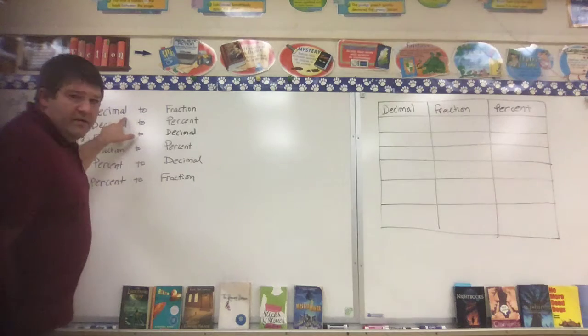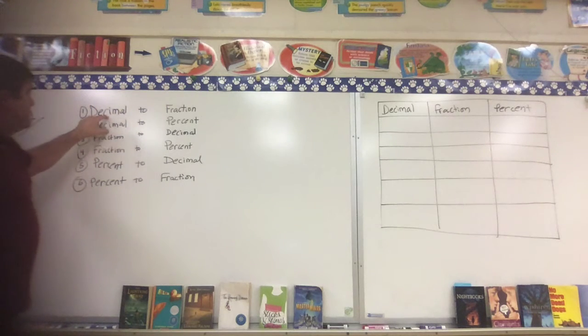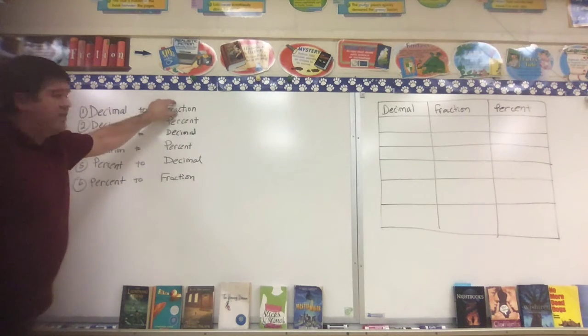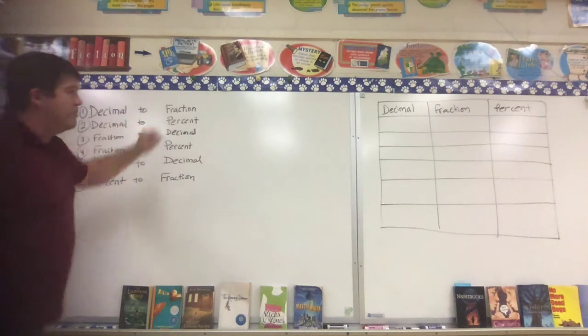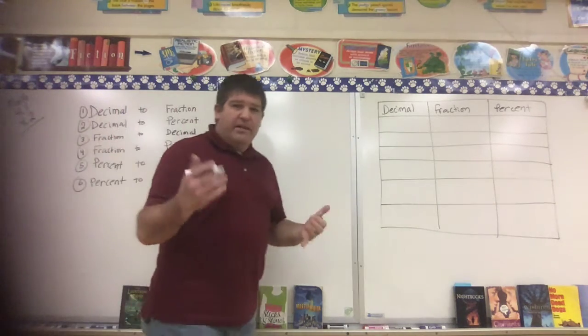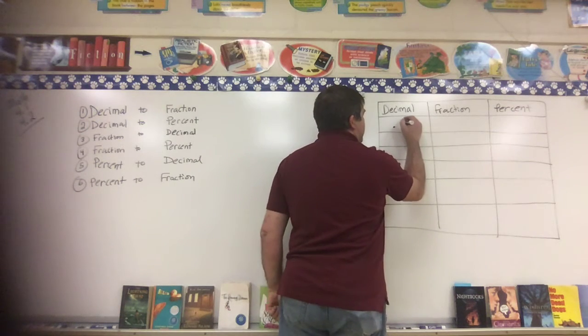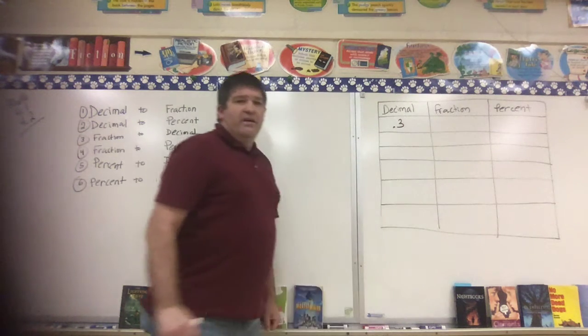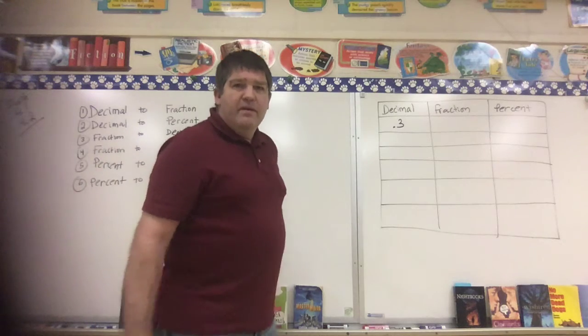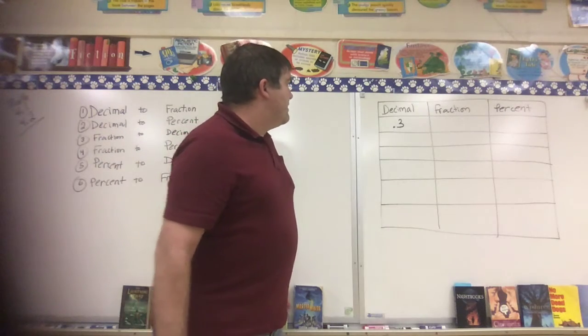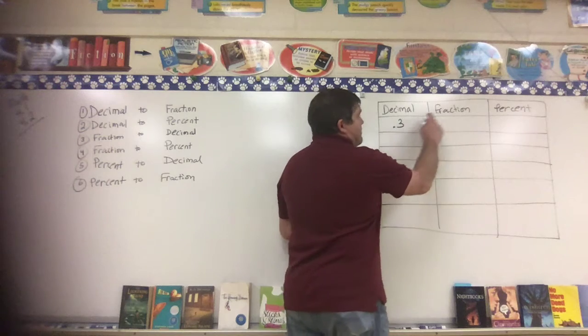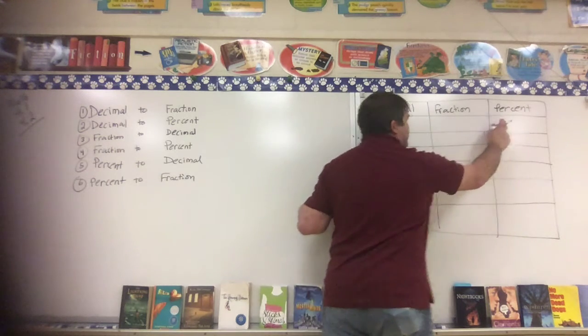So there's two things we do with decimals. We can take a decimal to a fraction, and we can take a decimal to a percent. So let's start with that. Let's practice with a decimal. Say I have 0.3. That is going to need to go to a fraction and then a percent.